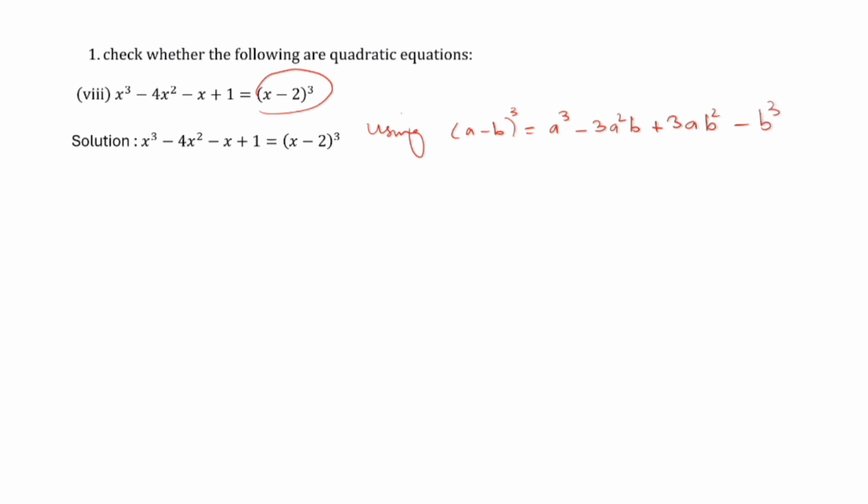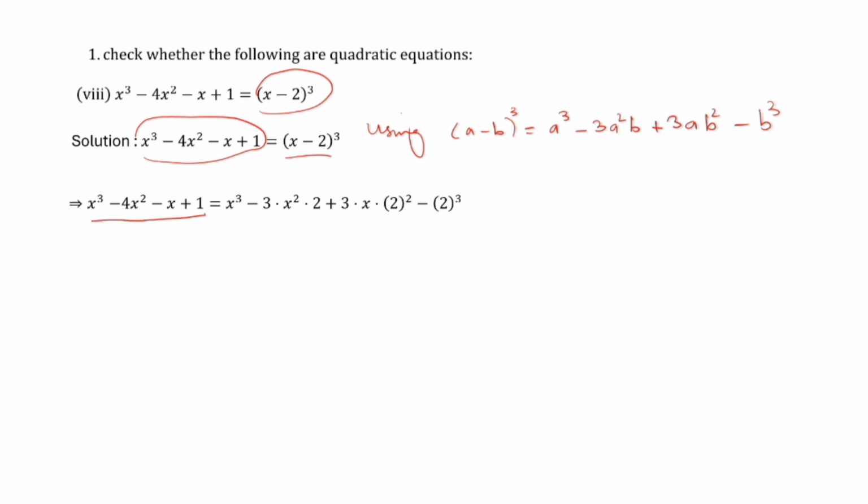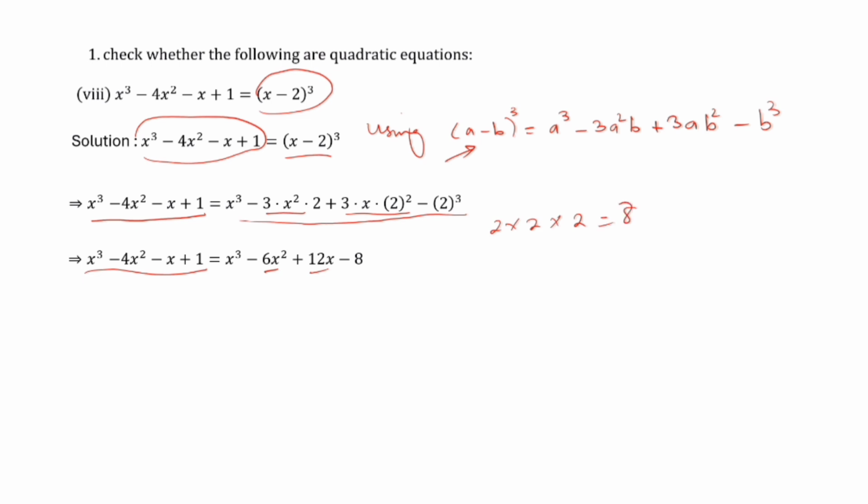So after using this formula, all this left hand side remains as it is, and this after simplifying using this formula, we will have this. So this also remains as it is, and this simplify. So 3 with this will give me this number. So this one also simplify again, then 2 into 2 into 2 will give me 8.